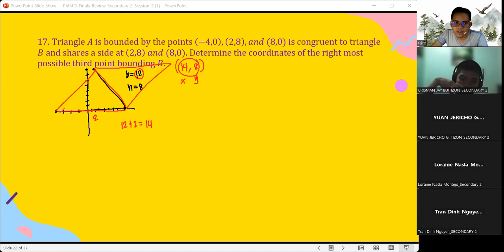So if they have different sides, even though they share one side together, it will change here and in here, no? So the pattern would still be the same, but the way of solving is different, right?